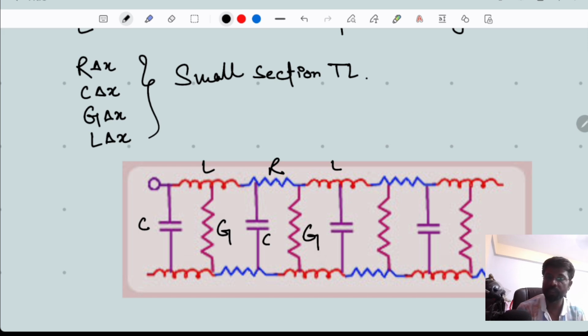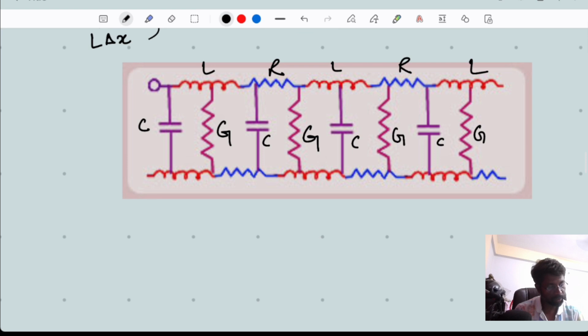So transmission line is called a distributed network.